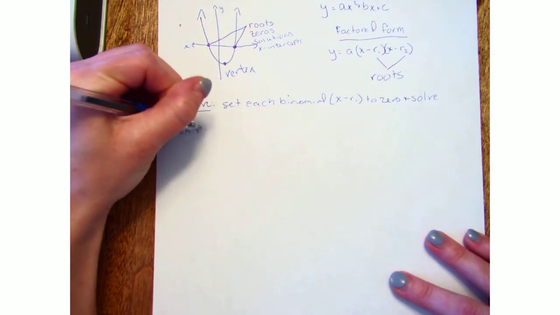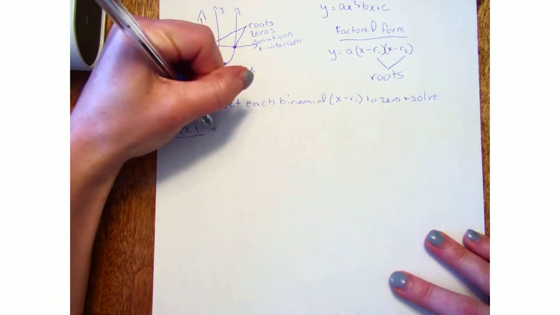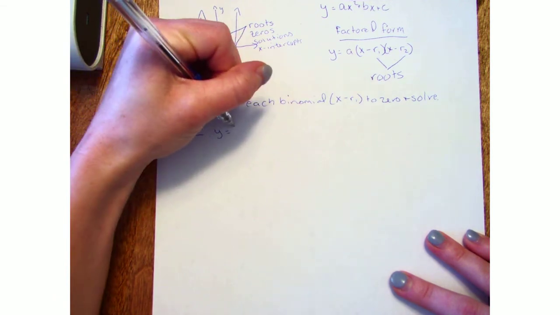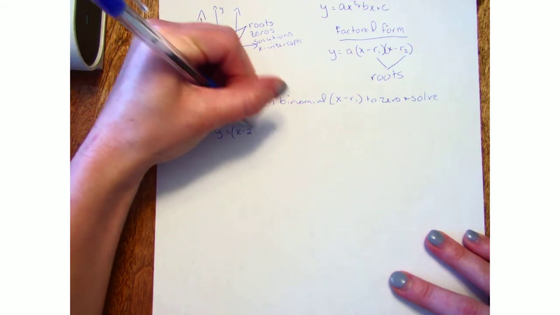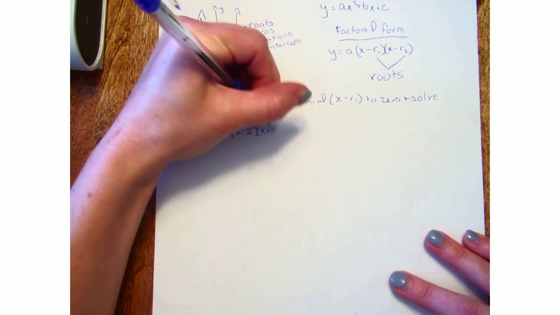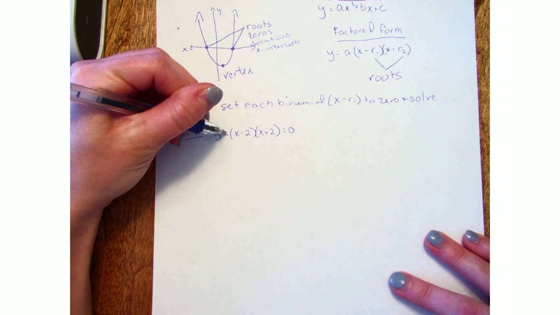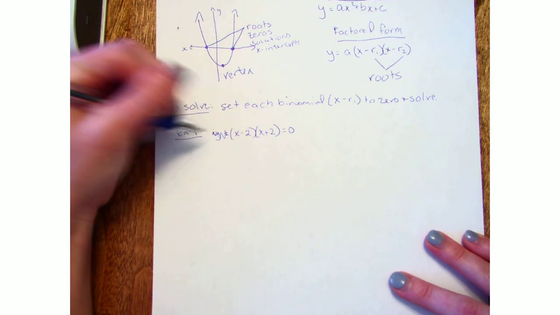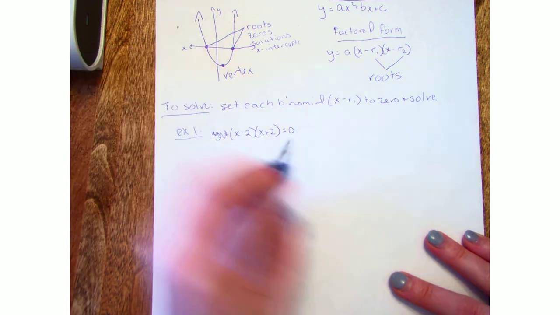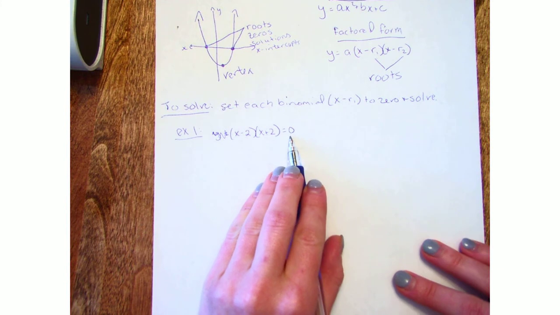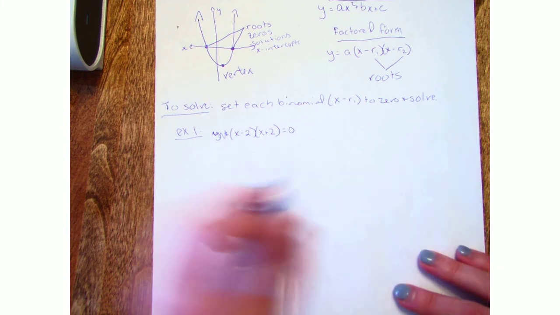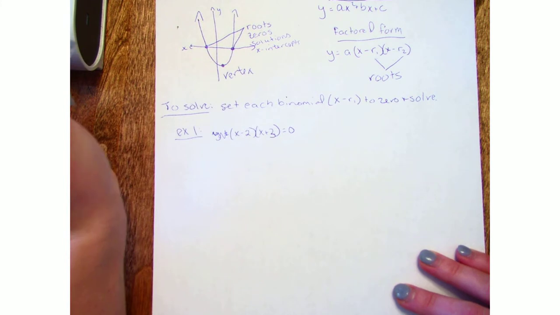So, example 1: y equals (x minus 2)(x plus 3) equals 0. So you want to basically say, okay, cross out this y. That would be if you were graphing it. When you're solving it, you want to set it equal to 0, and then you're going to solve for each one. Sorry, I meant to make that a 3.